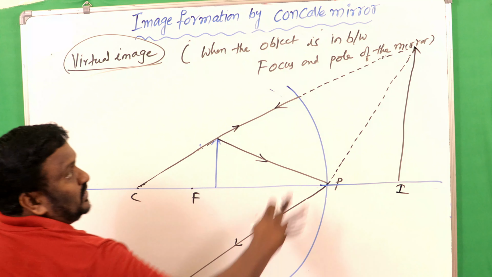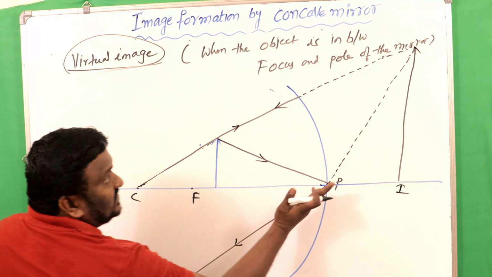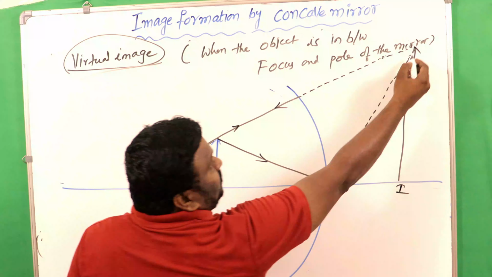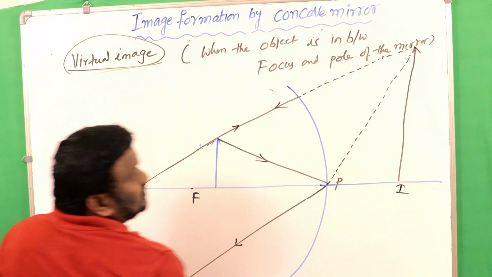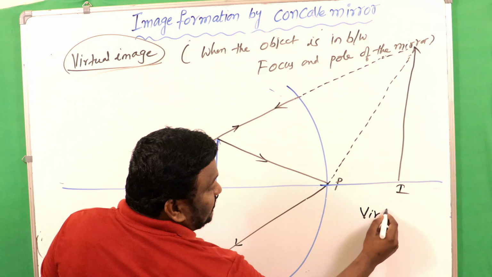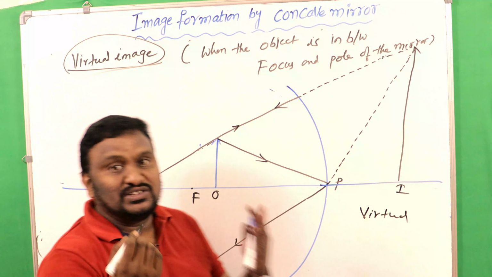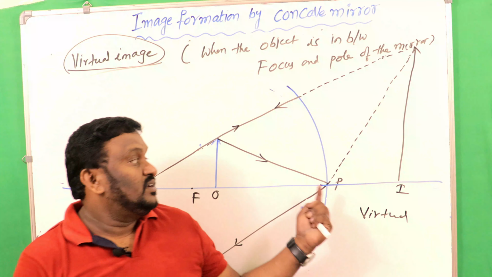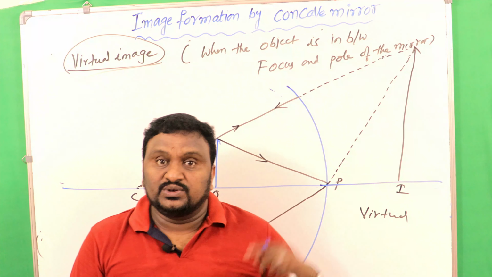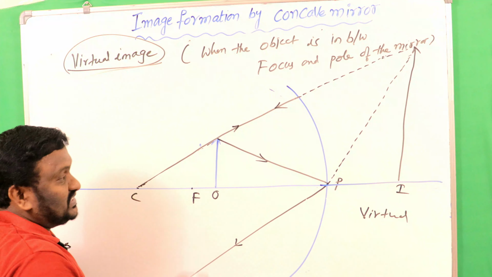Clear? Here we are simply extending the reflected rays, and they meet at one point, and that forms the image. So here this is the object and this is the image. What is the image nature? This is a virtual image. Why? Because the image is formed due to the extension of reflected rays. And what is meant by virtual image? We are unable to capture it on the screen, but we are able to see it.